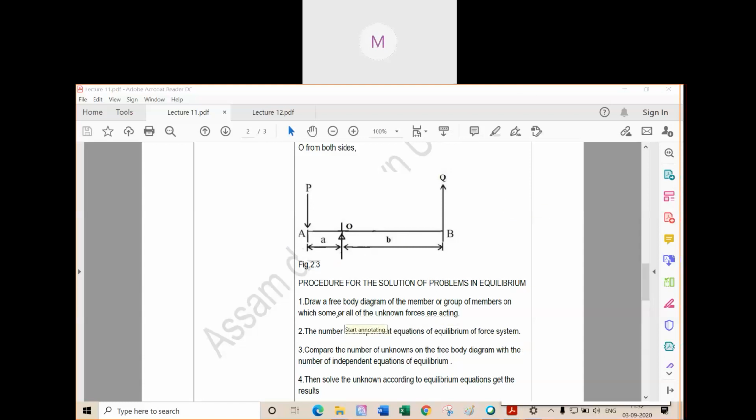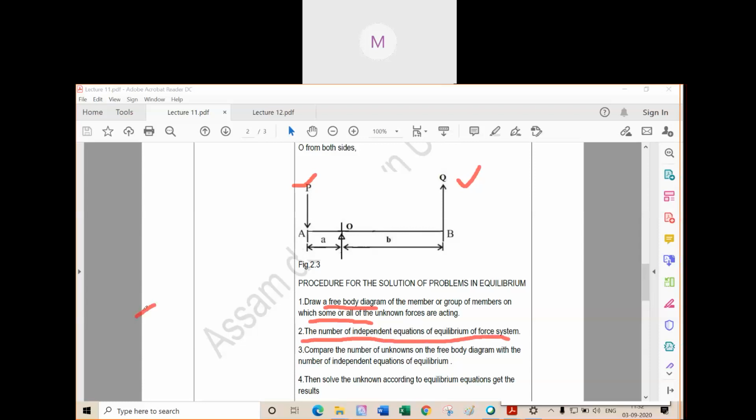So here you have to draw a free body diagram of the member force, this one and this one. Then we have to find out the number of independent equations of equilibrium of the force.